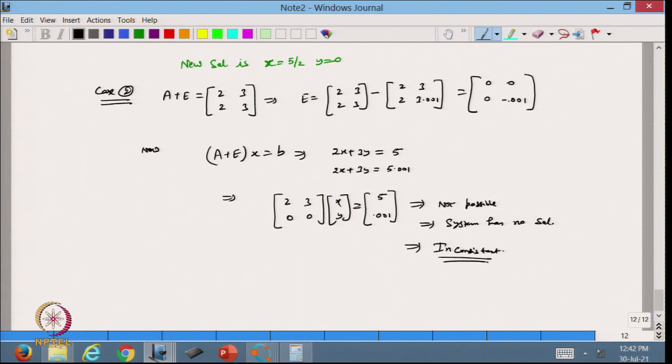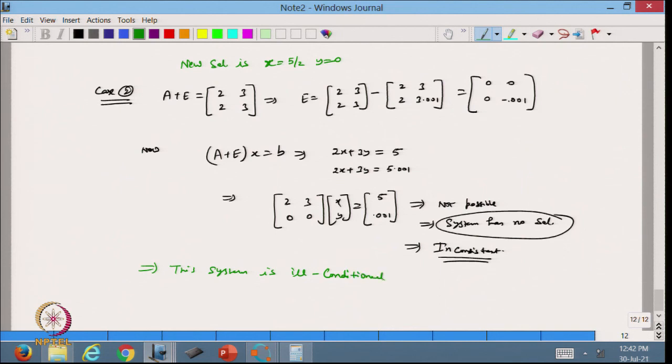The system is inconsistent, there is no solution. So, you can see from here a small change in the given matrix leads to no solution of the given system. So, from here I can conclude that this system is ill conditioned.